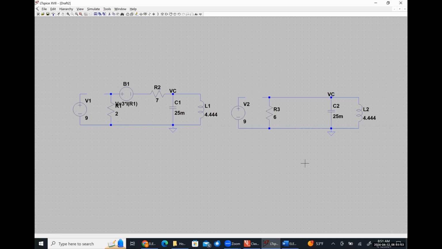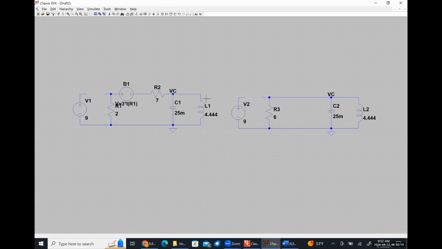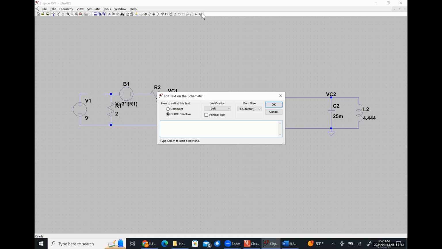What should happen is I should get literally the exact same response, which should make sense because the 6 ohm resistor is the equivalent resistance of that network. So, let's see. Actually, let me change this to node VC1 and this guy over here to node VC2 so that we can do initial conditions for both sides.